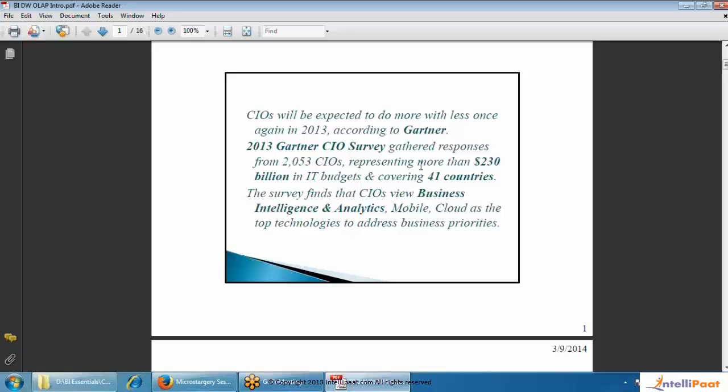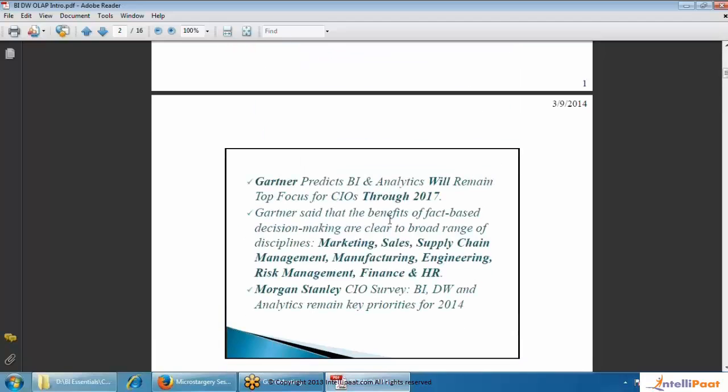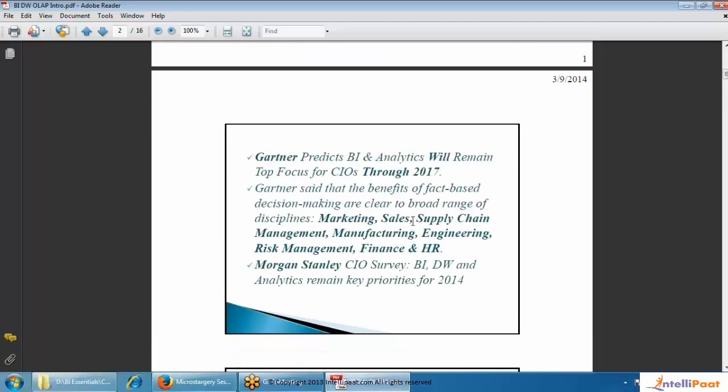you can find out that BI is a big thing in all the software industry. People generally know that there is mobile and cloud, etc. But people don't know that BI is the top technology being used by all the CIOs these days. And the misconception is that it is used only for marketing, sales, or financial analysis.